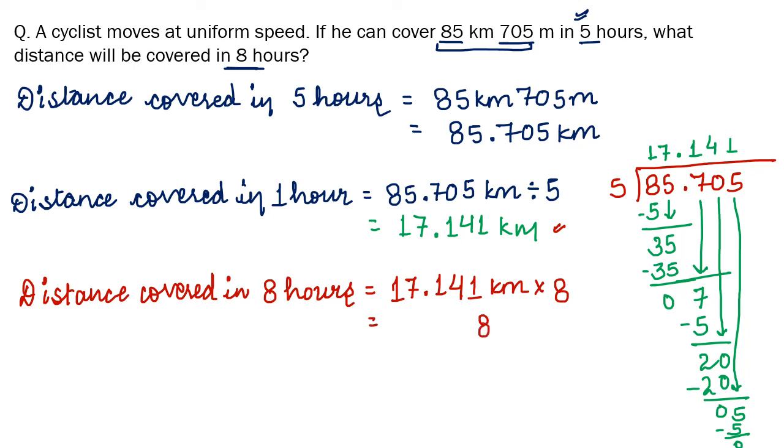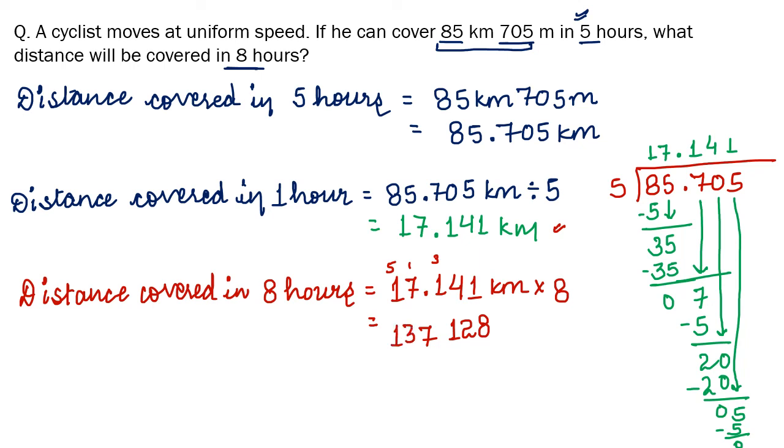8 ones are 8, 8 fours are 32, 3 will be carried. 8 ones are 8 plus 3, 11. Write 1 here and 1 will be carried. 8 sevens are 56 and 1, 57. 5 is carried here. 8 ones are 8 and 5, 13.